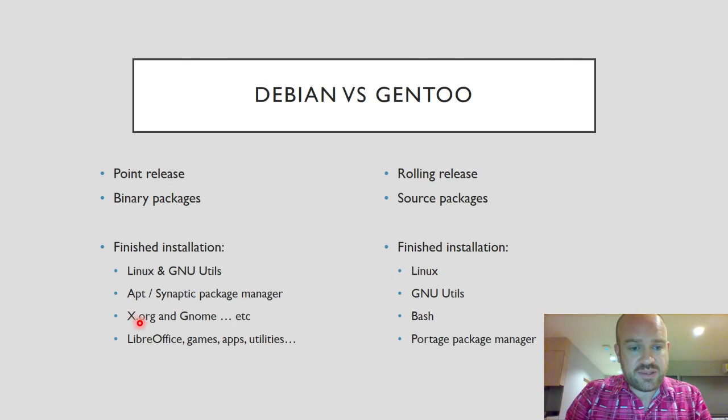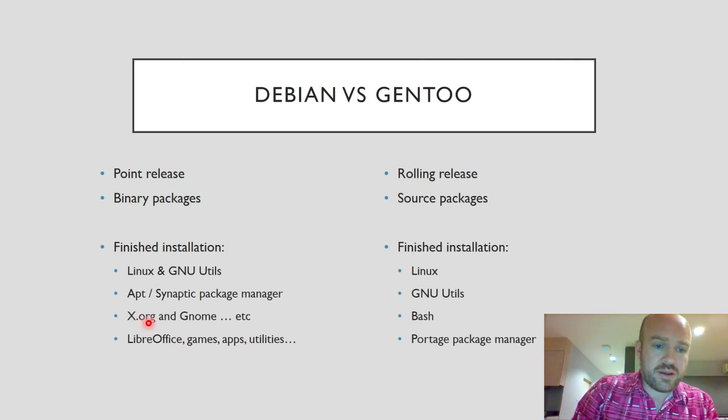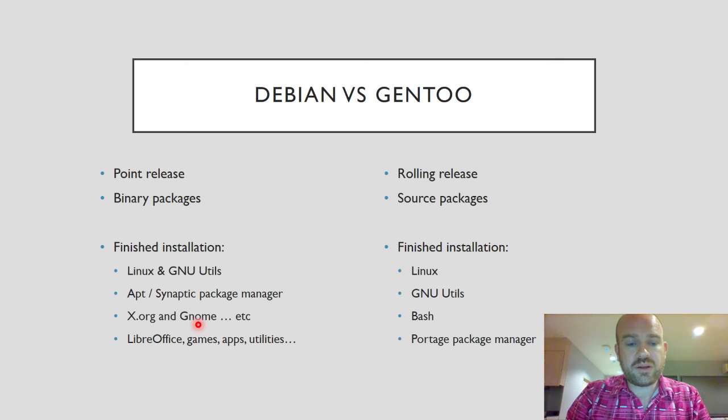You're going to get some setup of x.org with a GUI, for example, the GNOME desktop environment, and so on. You also get lots of applications like LibreOffice for Word, Excel, and so on. You get some games, lots of different apps like Firefox, Chromium browser, and so on and so on.